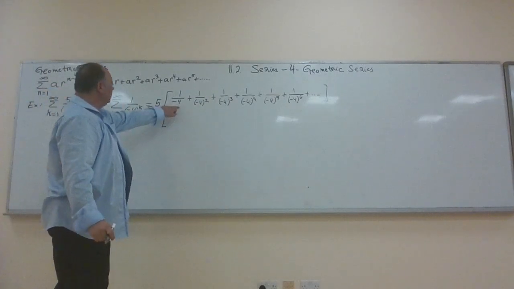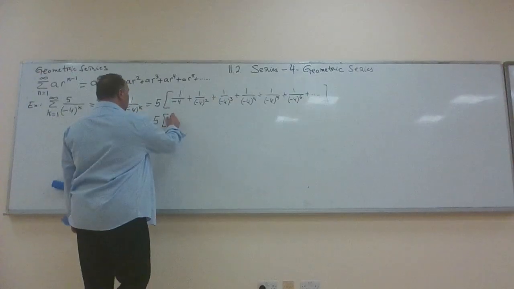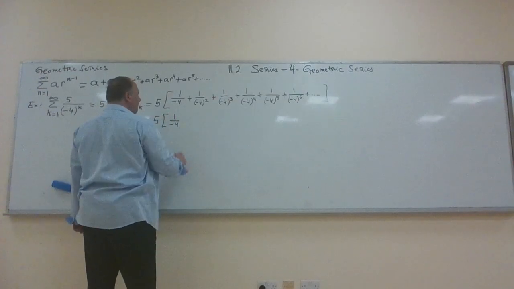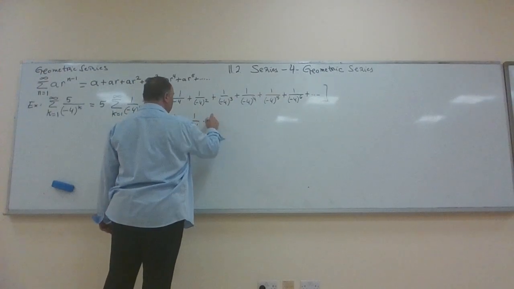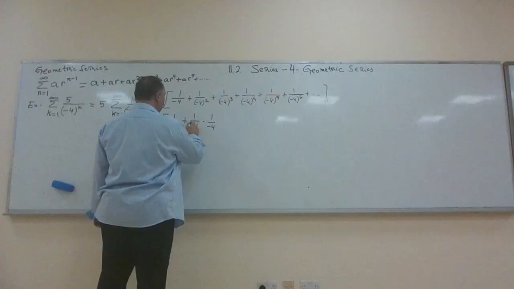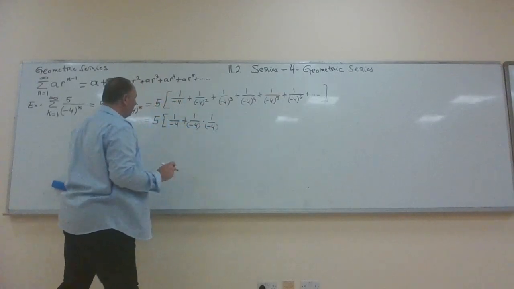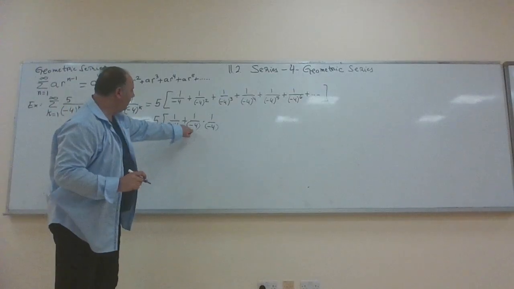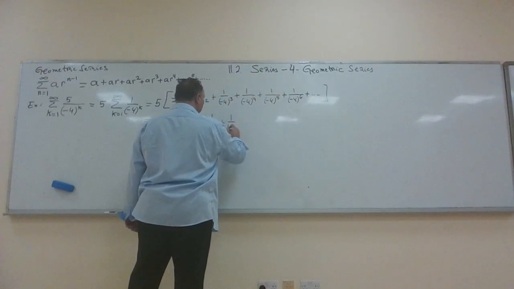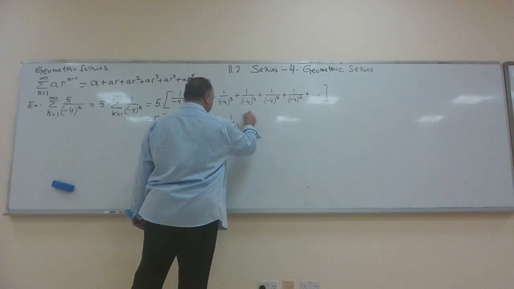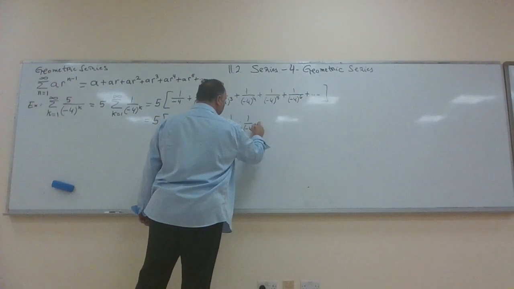So here the first term is 1 over negative 4. Here I have 1 over negative 4 times 1 over negative 4, so this is the first term again, times r. And then here I have 1 over negative 4 times 1 over negative 4 squared.